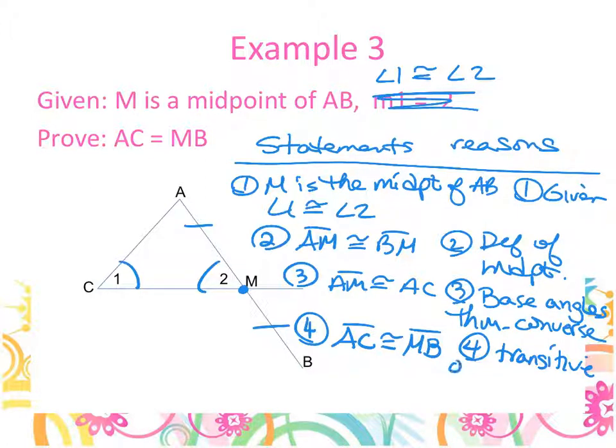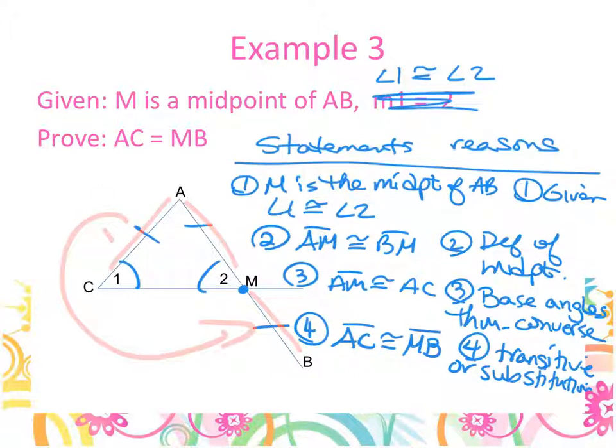Or you can say substitution here. So now I've shown that this one is congruent, and notice all 3 sides are congruent, or all 3 pieces, and that's what they were trying to ask us to conclude, that this side is congruent to this. Okay, so your homework for this is the PDF that's on the assignment.